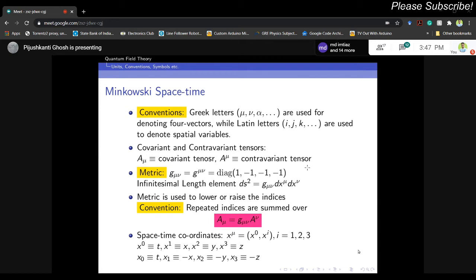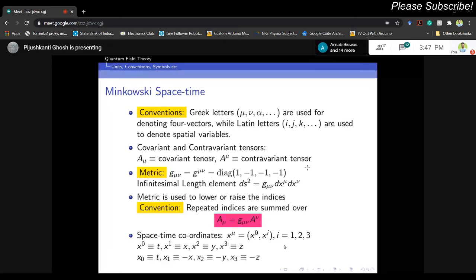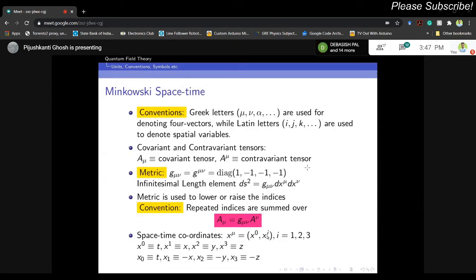Now, if we use the index, then it's very convenient to work with. But how do I relate it to our standard things, like how we are habituated with talking about x, y, and z?